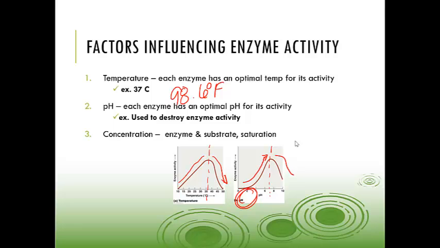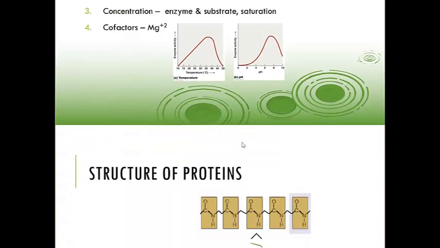Pepsin requires a pH of about 2. Concentration also matters. If you have too much substrate and not enough enzyme, that enzyme cannot work quickly enough because it's saturated. Another one would be your cofactors like magnesium.